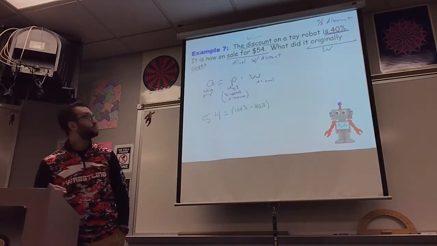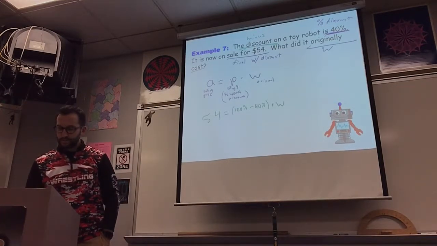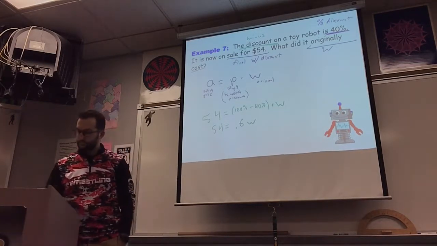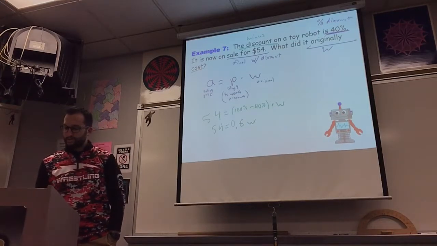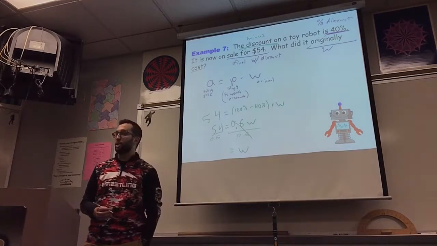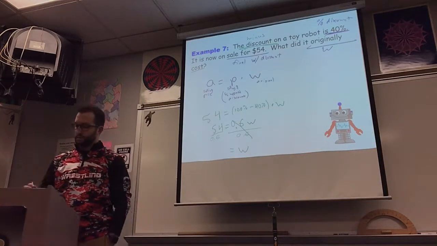Minus, right? Times W, which we don't know. So 54 equals 0.6 W. We divide both sides by 0.6. And what would be the original cost? It should be larger, right? By a good amount? $90.